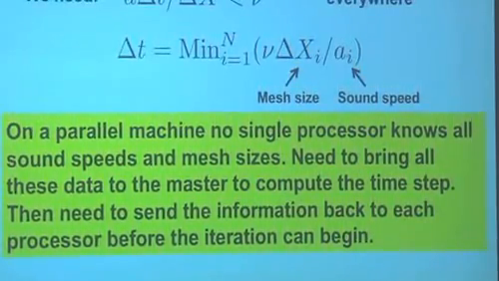So you need to gather the information. You need to ask everyone, give me your information. So if you're a processor, I need to ask you, send me all your sound speeds and all your sizes. Same thing, same thing, same thing. Once I get all the data, one of the processors must do this formula, and then it needs to send back the information. Oh, the time step is 10 to the minus 8, etc.